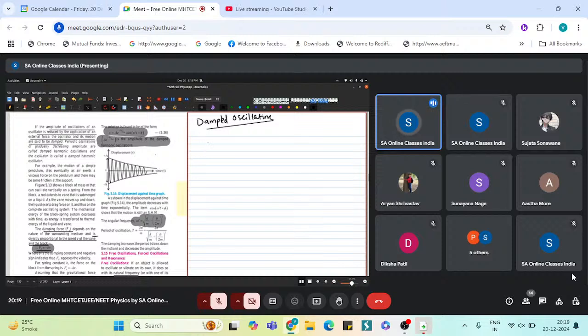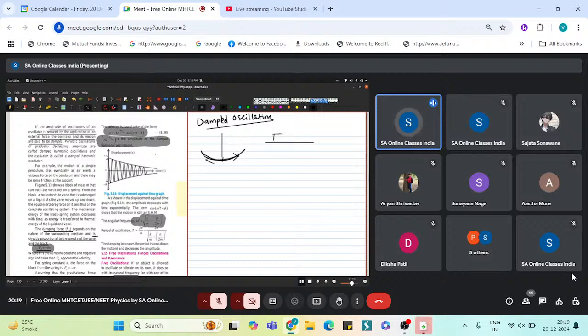So damping basically opposes the motion of your block. So this is a simple pendulum and it's doing this motion. Damping will be, say, air resistance, for example, because the physical air offers resistance to any kind of motion, right? So this will always be there.